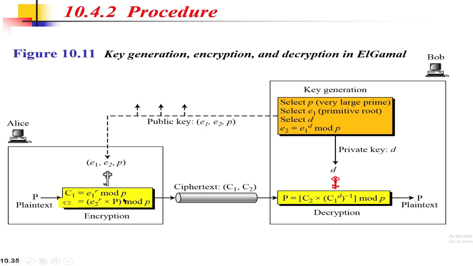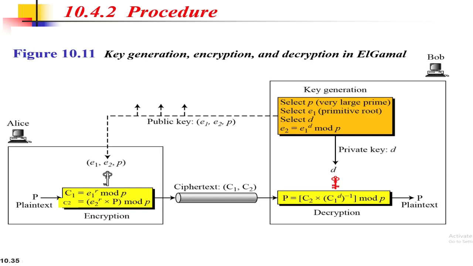This is the encryption phase, and Alice sends the encrypted message to Bob. Now Bob decrypts the message by using his private key with the formula C2 times (C1 to the power D) whole inverse mod P. This is how encryption and decryption take place in the ElGamal cryptosystem.